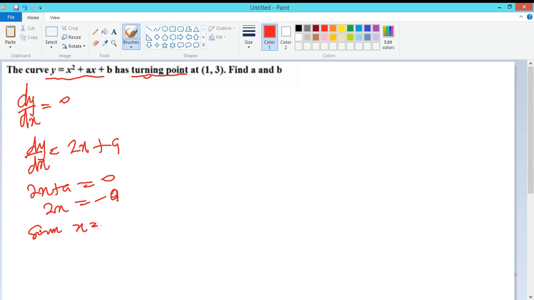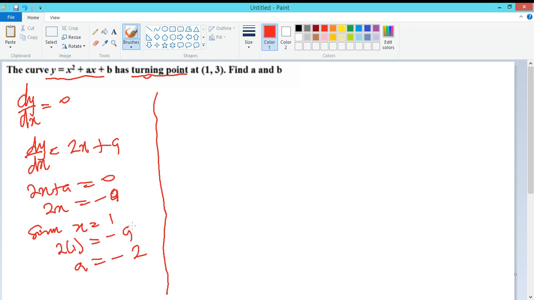Since x is equal to 1 at the turning point, 2 times 1 is equal to minus a, which implies a is equal to negative 2. They didn't ask anything about nature, so you don't go solving for the second derivative. We are not interested in the nature per the requirement of the question.